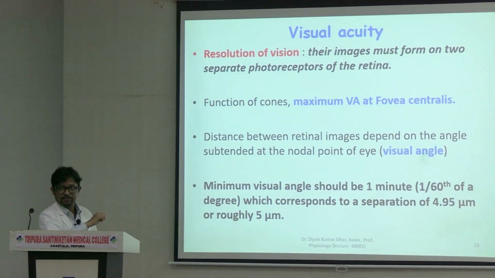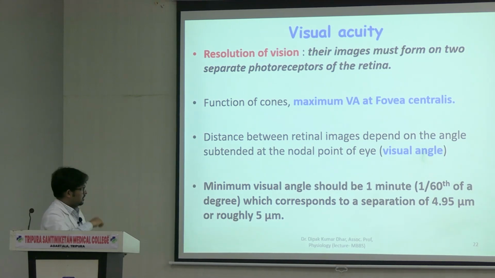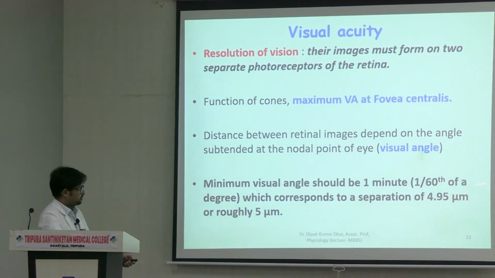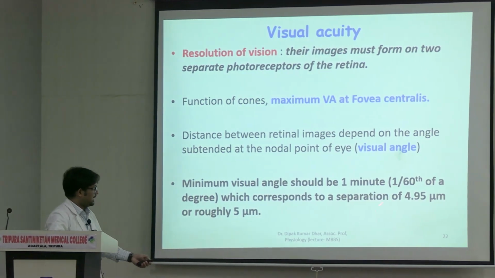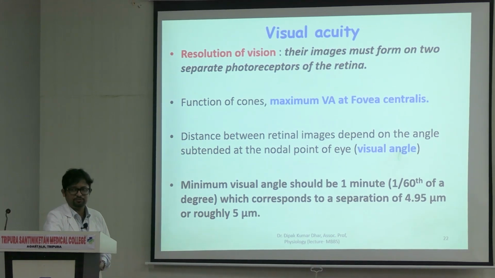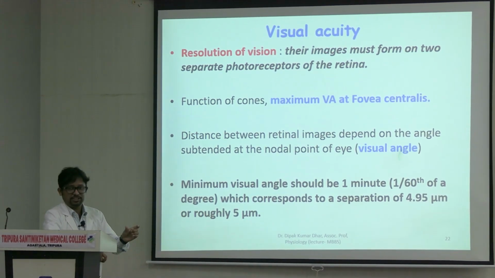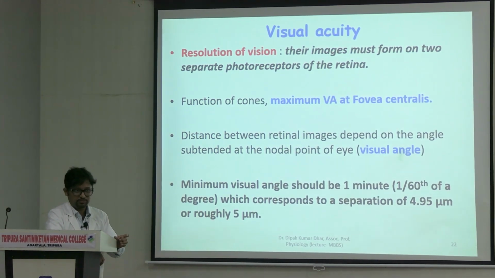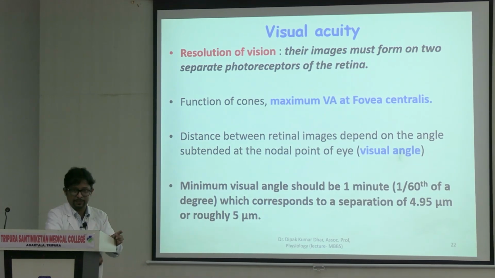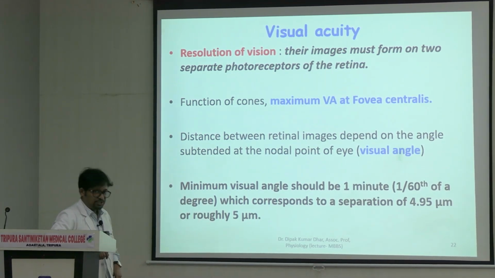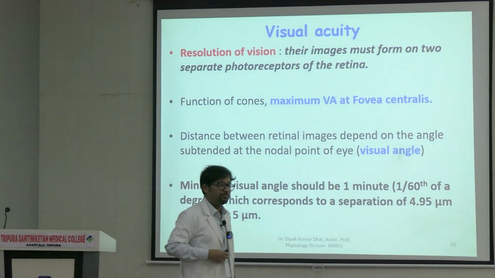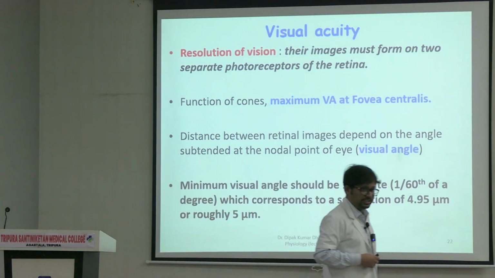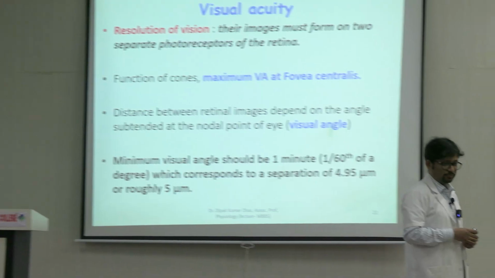Now what is the minimum separation for that? The minimum separation is 4.95, or roughly 5 micrometer separation between two cones. This is the minimum separation in the retina, and that happens when the object subtends an angle of 1 minute, that is 1/60th of a degree, at the nodal point of the eye.